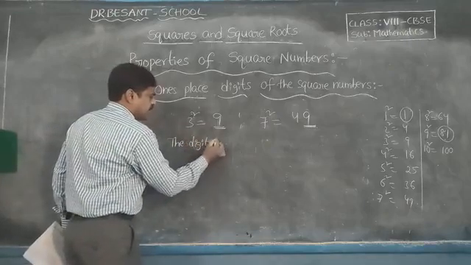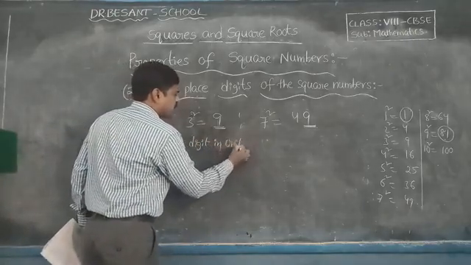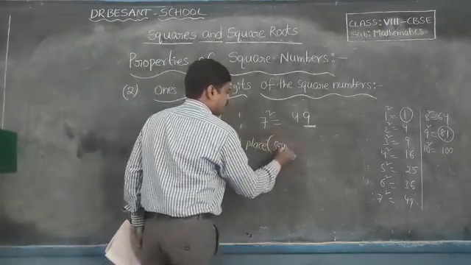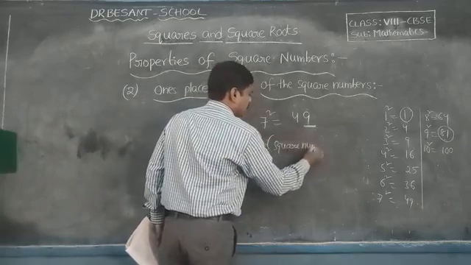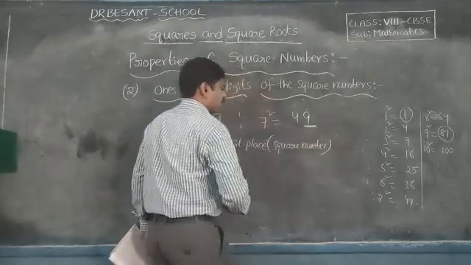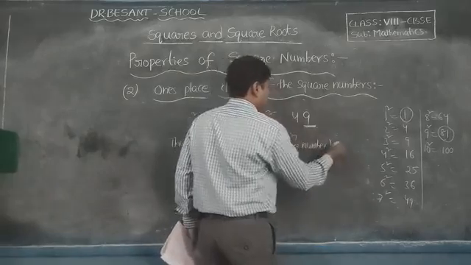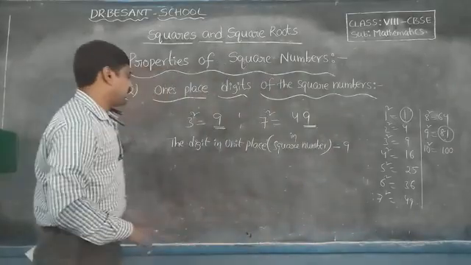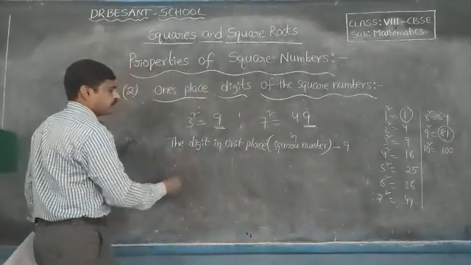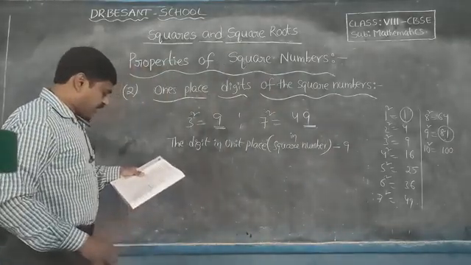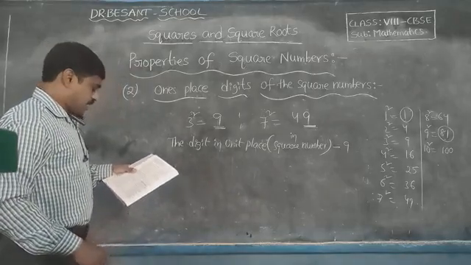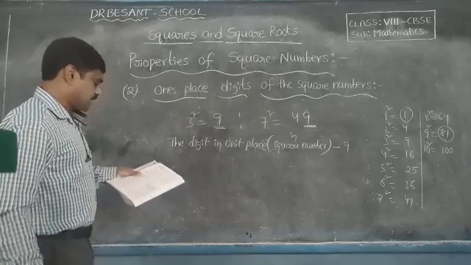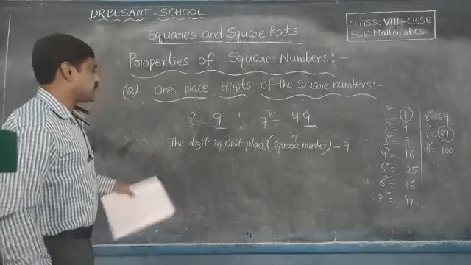So the digit in units place in a square number is 9, then see, the square of a number has a 9 in its ones place when the original number has 3 or 7 in ones place.